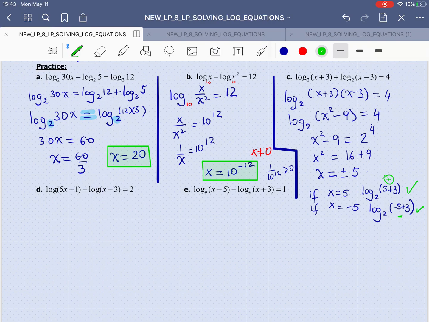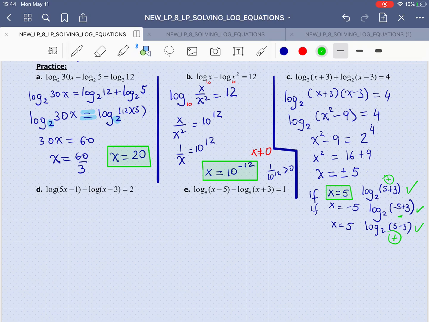So we have to test x equals 5 in x minus 3 as well. So log with base 2 of 5 minus 3 also exists.